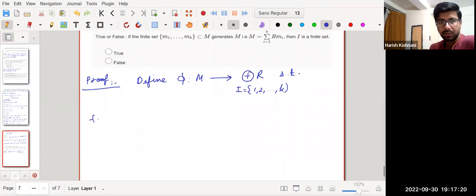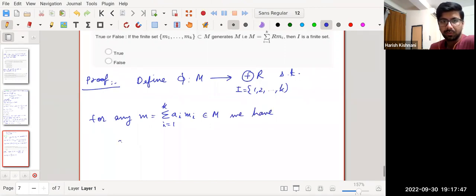for any m, as m is inside M, it has to be the sum of a_i M_i, i from 1 to k.